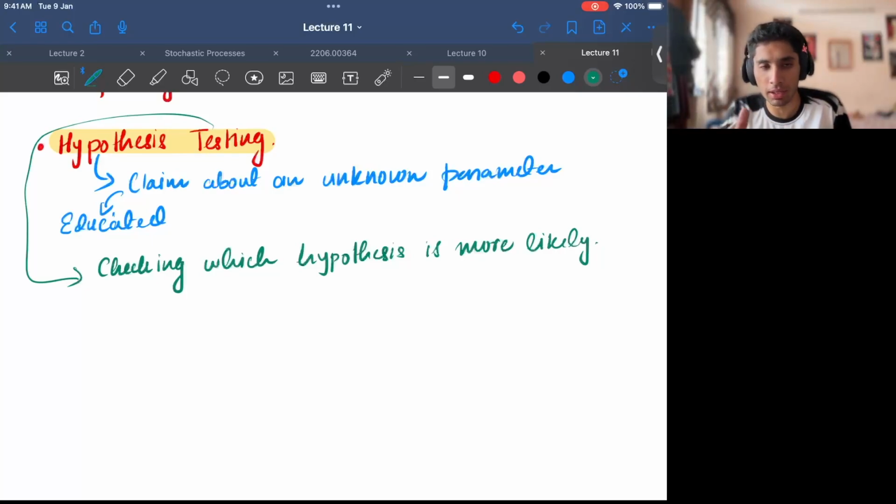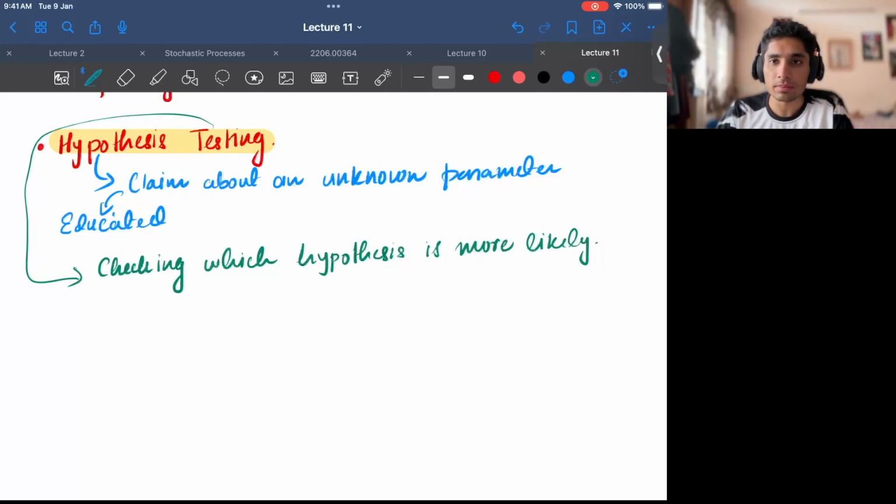You can see the past data, come up with some rules and then say the hypothesis that India will become a 5 trillion economy is more likely to happen, and hence that hypothesis is more correct in some sense. Okay. So this is what hypothesis testing is in a nutshell.